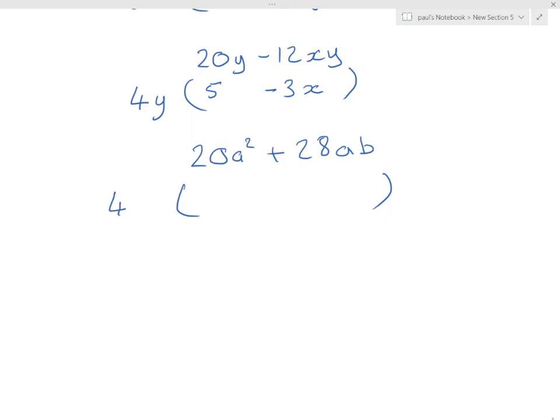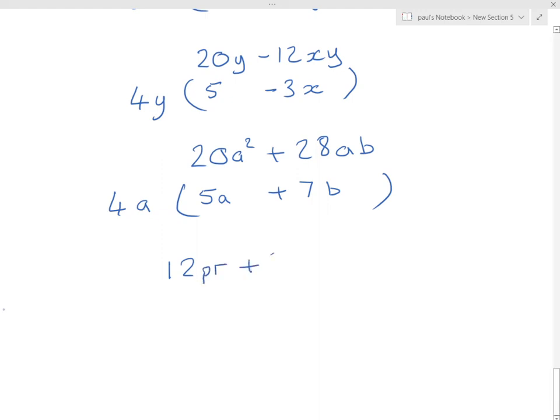We've got 2 a's in there and 1 a in there. So we take 1 out from each. And we can't take a b out. So what is this? So 4 times 5 is 20. A times a is a squared. 4 times 7 is 28. We've already got an a there, so we just put the b.